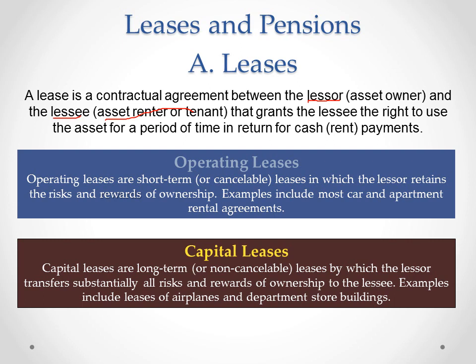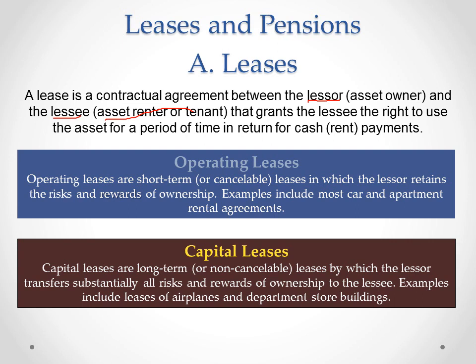If I rent another asset and make a contract for a period of less than 1 year, then I call this an operating lease. So operating lease stands for renting an asset for a short period of time, usually a maximum of 1 year. Capital lease stands for renting an asset for a period of more than 1 year, so that's why we call it long-term or capital lease.